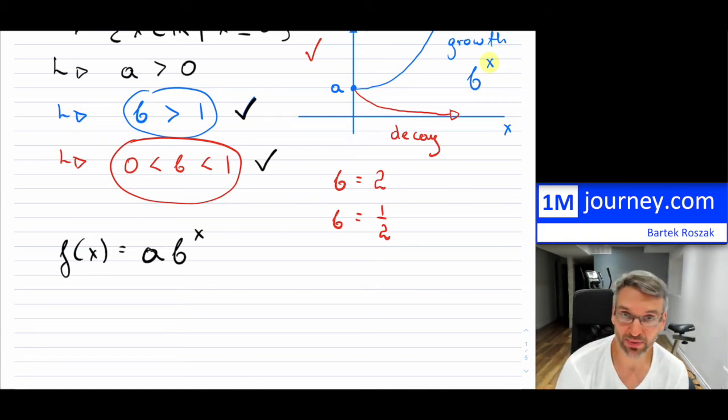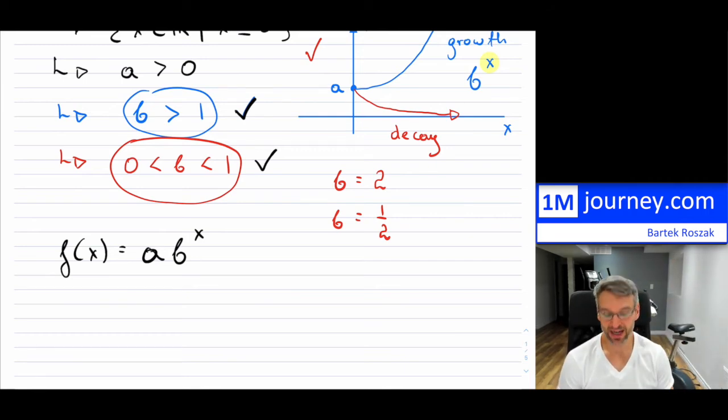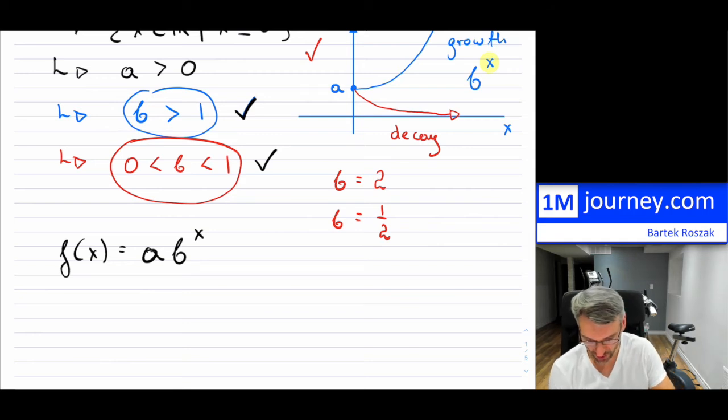Now, in various applications, which I will do, maybe I'll link some applications here, we actually like to write these growth and decay functions a little bit differently.